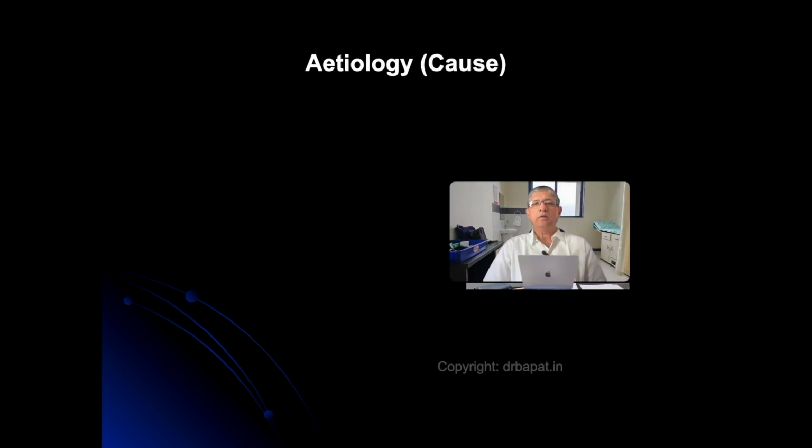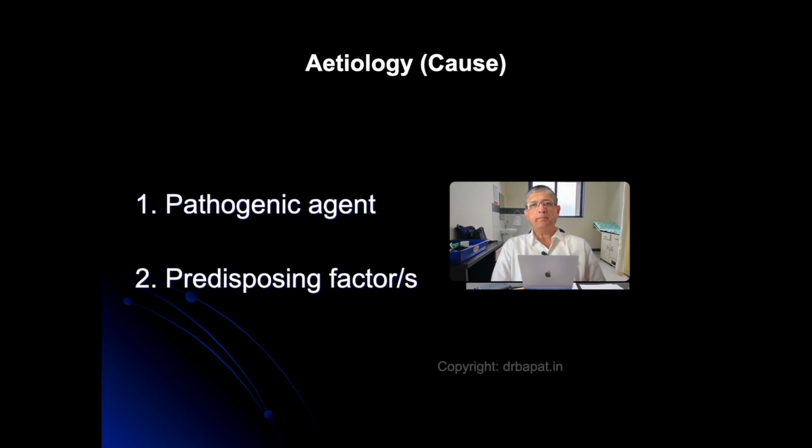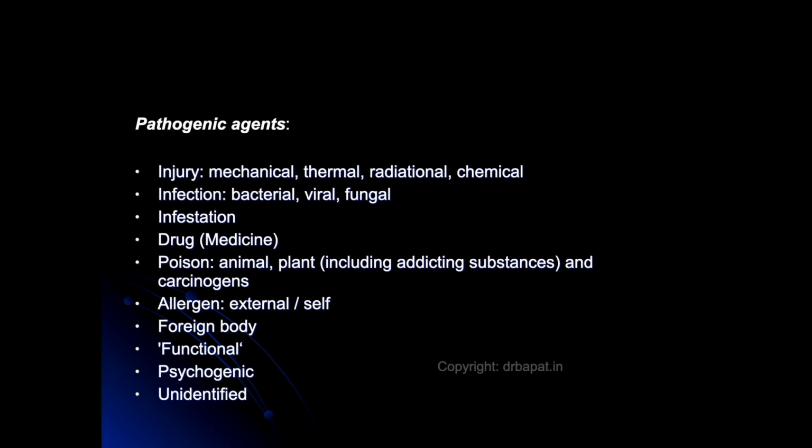And the second thing to determine in pathology is the etiology of the problem. Etiology means the cause of the disease, and it comprises of pathogenic agent and predisposing factors. These all are the pathogenic agents: injury, infection, infestation, drug means medicine, poison, allergen, foreign body, functional, and psychogenic.